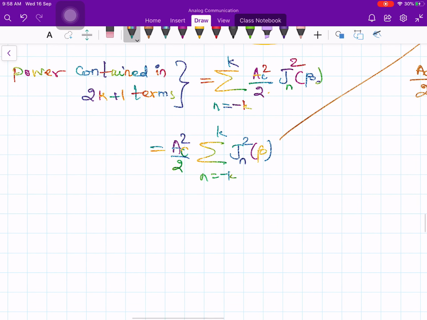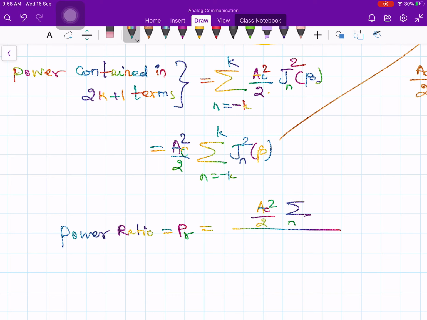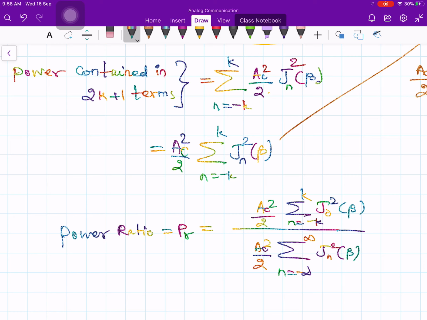So power ratio, as I said, is denoted by PR, is equal to power contained in 2k plus 1 terms, which is Ac square by 2 sigma n is equal to minus k to plus k Jn square of beta, divided by total power. Total power is n is equal to minus infinity to plus infinity Jn square of beta multiplied by Ac square by 2. These two will get cancelled.